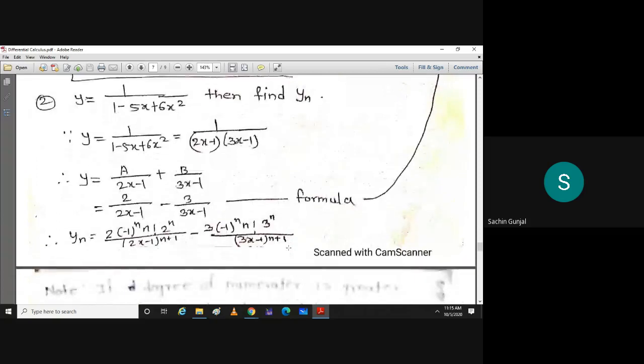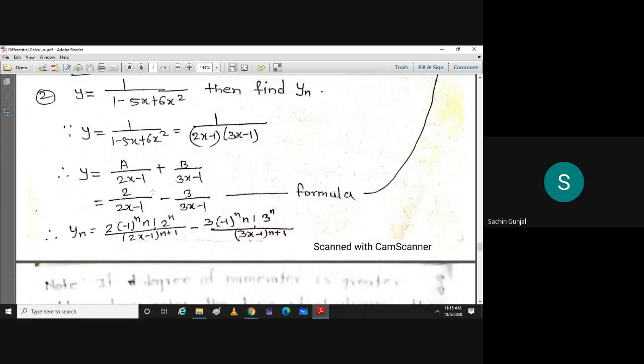The second question is: find the nth derivative of 1 upon 1 minus 5x plus 6x square. Right now you can't find the nth derivative of this function because it is a quadratic polynomial, and we don't know the nth derivative of 1 upon a quadratic polynomial.